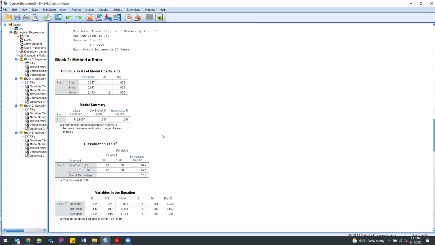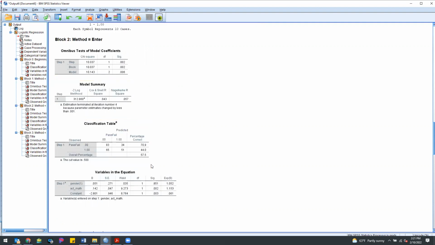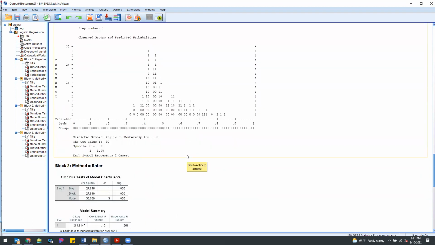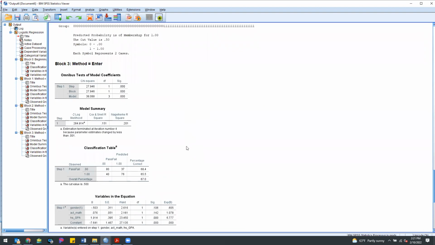Now in block 2, this is where we introduce the ACT math score. At this step, it is statistically significant. We're able to explain about 4% of the variance, 4 or 6, depending on which one you look at. But our overall classification has gone up dramatically by about 6% just with one variable. So that's good to know. Next, in block 3.